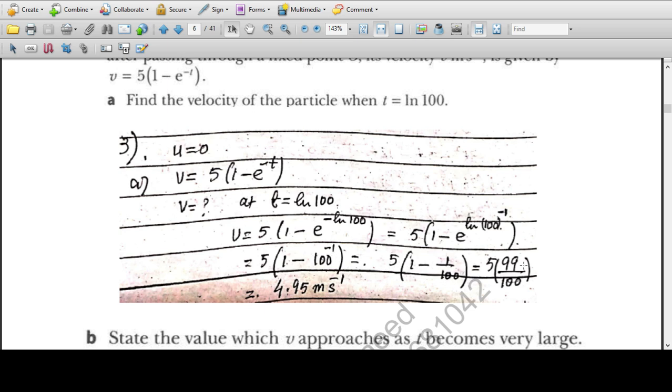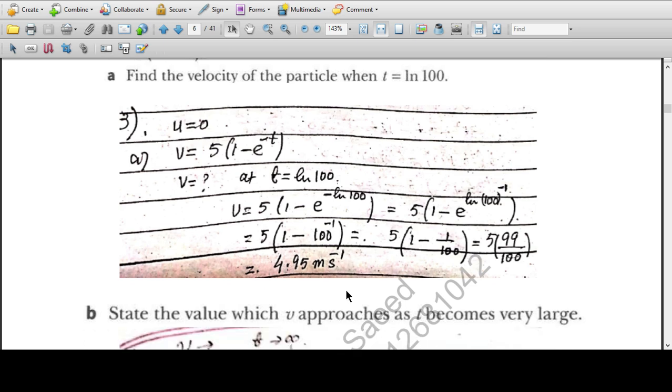So this becomes 99/100 multiplied by 5, and the velocity is obtained as 4.95 meters per second. So the velocity at t = ln 100 is 4.95 meters per second.